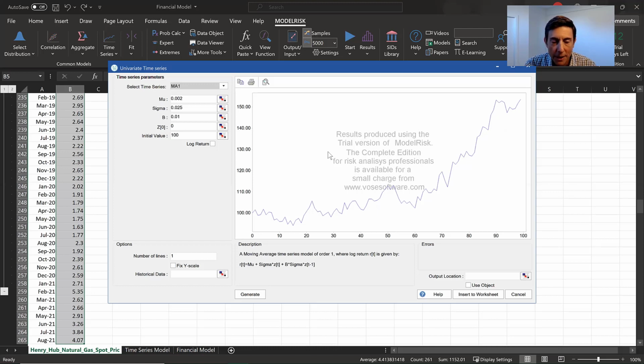The moving average stochastic process is basically a linear combination of stochastic errors. So it's saying that the price is a function of a linear combination of random shocks, and that's what's behind the ARMA model.